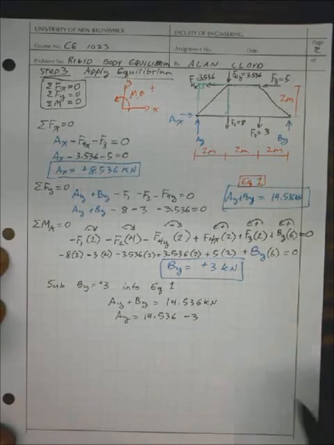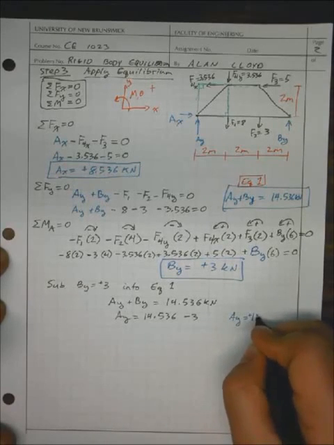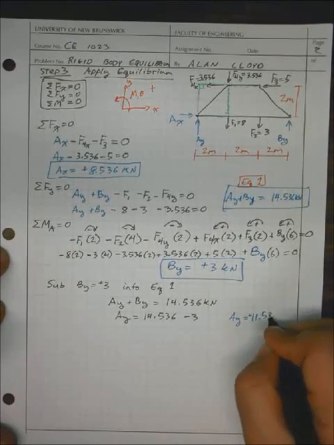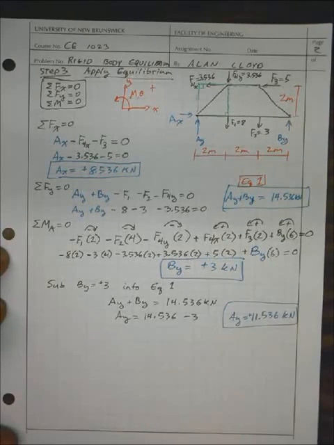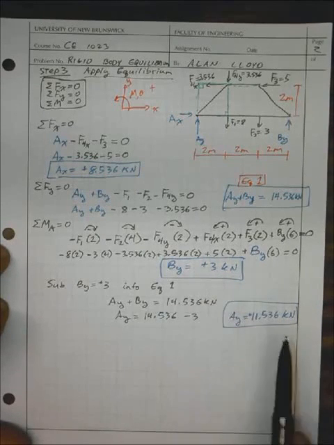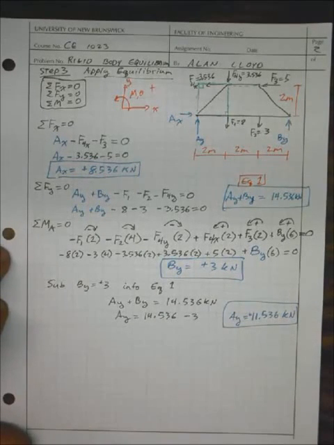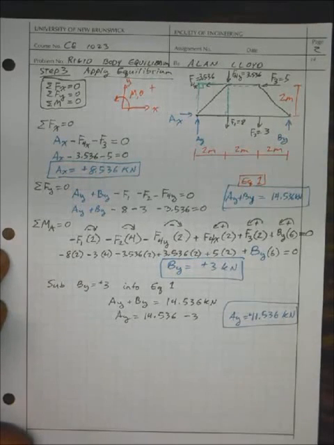And this gives us Ay is equal to plus 11.536 kilonewtons. So at this point, we have completed solving for all of our reactions, Ax, By, and Ay. And each of those reactions were positive values. That means that we drew them correctly in our original drawing.